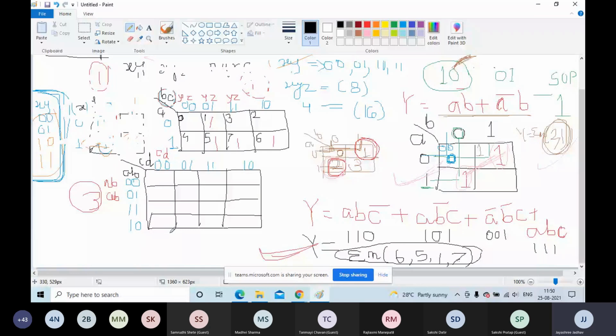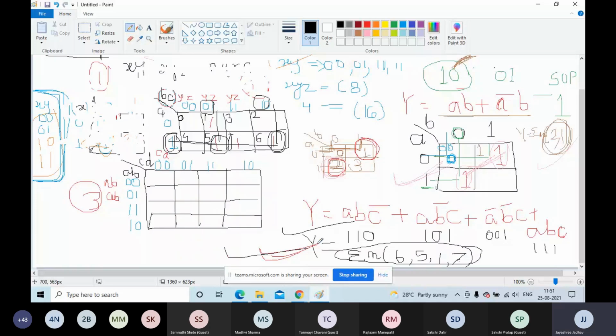So you have to search for A, the value should be 1, and for B and C the values should be 1 and 0. So here you will get 1, and 1 and 0 you will get here. So you have to look at this row and this column, and here you put a 1 into the K-map cell. 1 0 1, you can do it like this too. Here A should be 1 and the value of BC should be 0 1. So you look at this row and this column, and put a 1 here. You can solve it this way or that way. Both the methods are correct. Any problem here in this example?